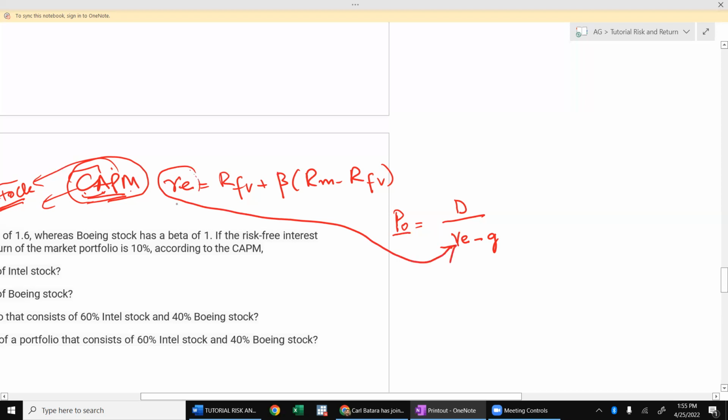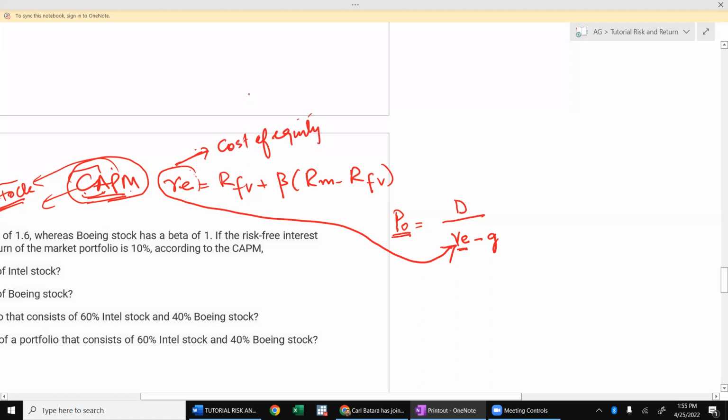Once you get this component, then you calculate the price. The capital asset pricing model itself does not directly calculate the price. It gives you a component called cost of equity.